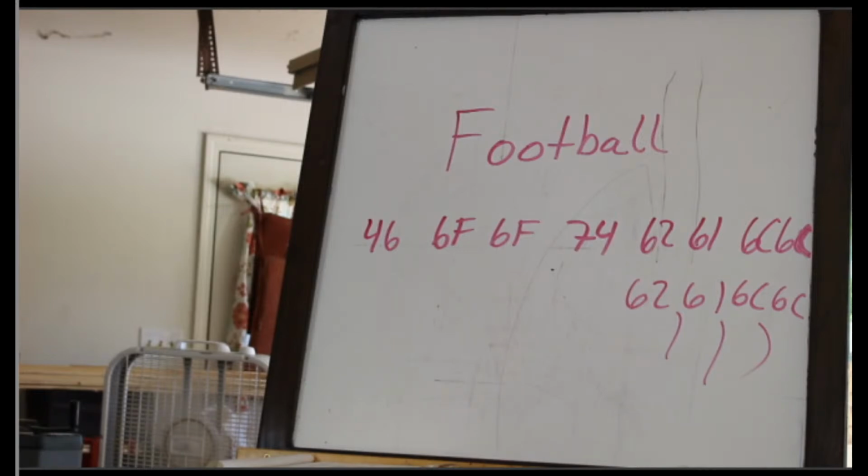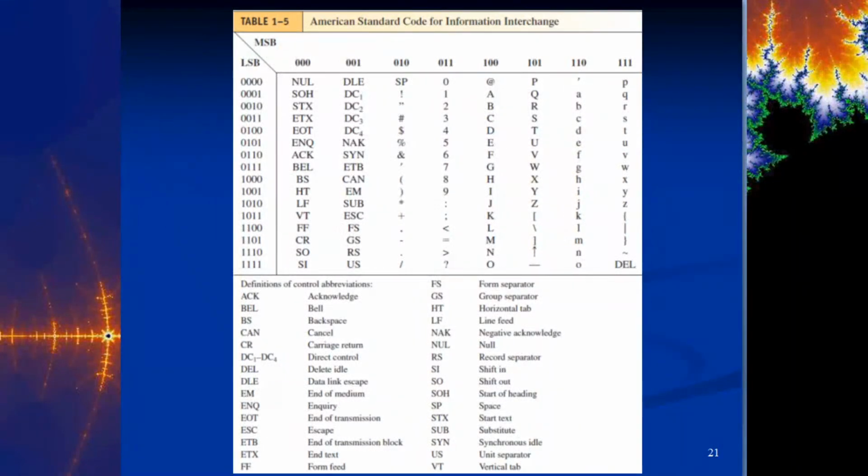Okay, so if we go back over to the chart here, you can see the capital F. If I go over 0, 1, 2, 3, 4, and then 0, 1, 2, 3, 4, 5, 6. So there's 4, 6. There's the capital F right there. The lowercase o is all the way down here, and down here it's 1, 1, 1, 1.